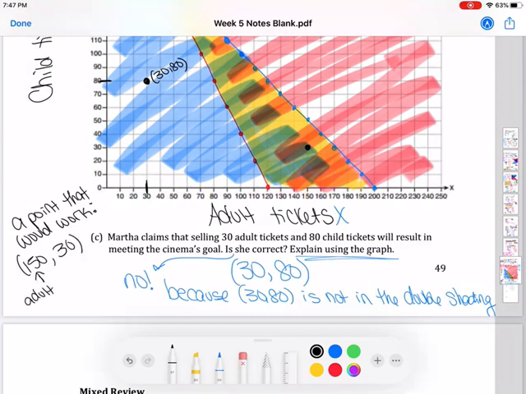So that would mean 150 adult tickets sold, pairing up with 30 child tickets. I know it didn't ask that, but just to help you understand where a point works and where a point wouldn't work, it would be just like that.